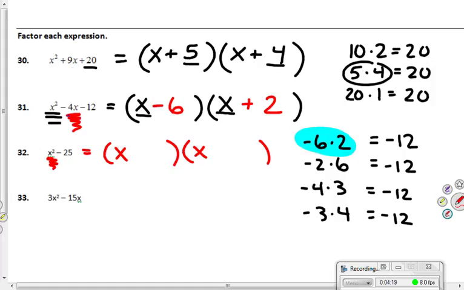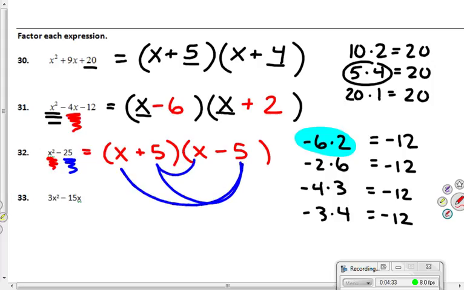So what if I put a 5 and a 5, 1 plus, 1 minus? That's it, yep. That's going to make my negative 25, and then my 5x and my minus 5x will make 0. So that's it for number 32. Those problems are designed to be easier. You just need the same number, 1 plus, 1 minus.